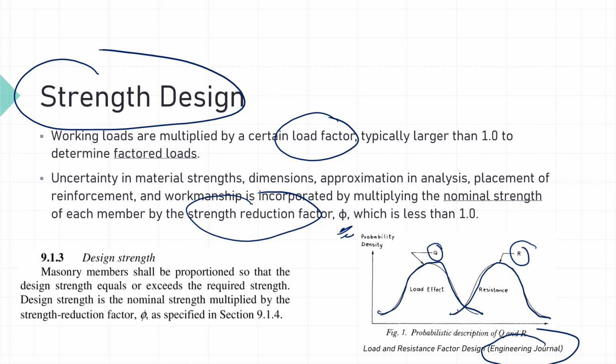Theoretically, we would have a failure where these bell curves cross. It's all probability based with strength design, but essentially we're factoring our loads up, factoring our capacity down, and making sure that our capacity exceeds our applied loads.